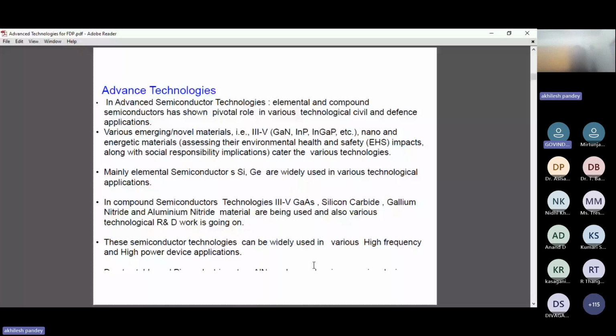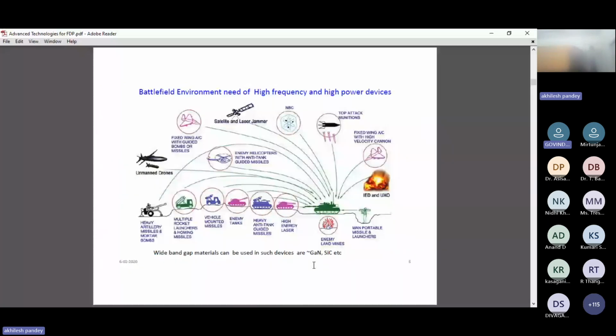These semiconductor technologies can be widely used in various high frequency and high power device applications. Now, high power and high frequency devices are very much needed from our defense point of view. Suppose our soldier is sitting on a tank, and there are various attacks coming onto the soldier, like unmanned aerial vehicles, fixed wing guided bombs, satellite jammers, laser jammers, NBC, top attack munitions.